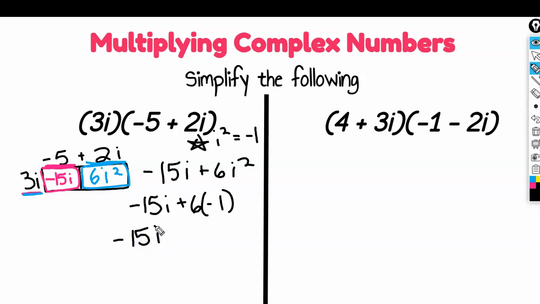So negative 15i does not change. Then 6 times negative 1 is negative 6. And now this is my answer. This would be the valid answer that I would accept on y'all's test. Right? This next one you're going to do on your own. So this one right here, do on your own.